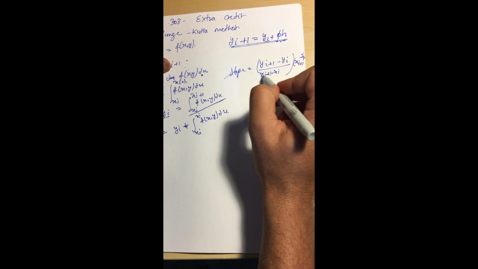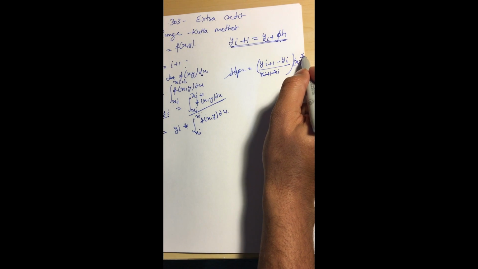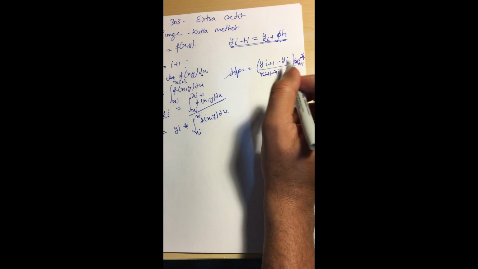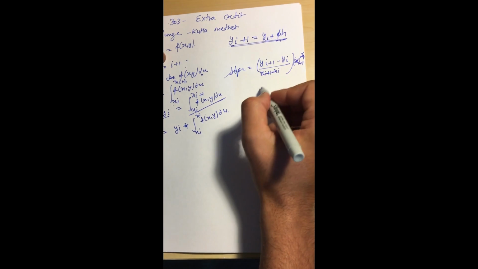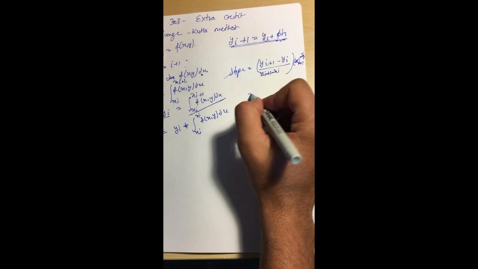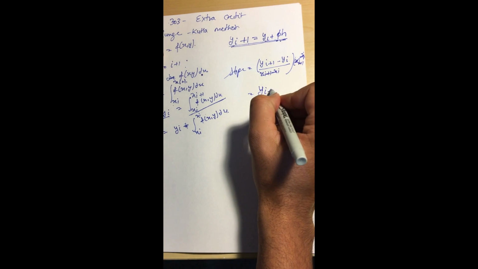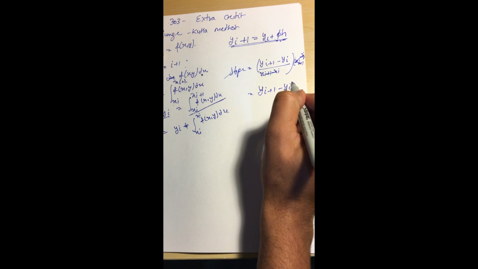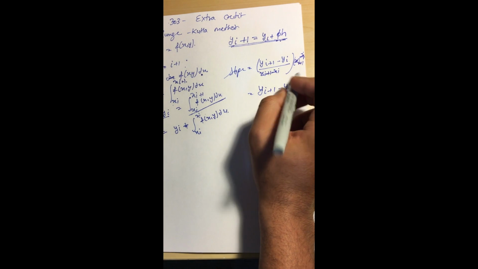If we multiply these terms, they cancel out, and what we get is just y_{i+1} minus y_i.